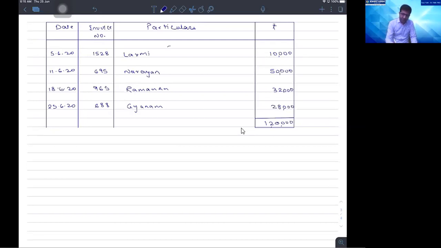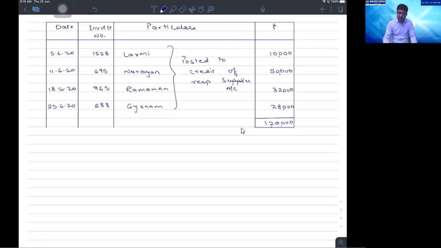Now, these all individual transactions will be posted to the credit of respective supplier account. All right.